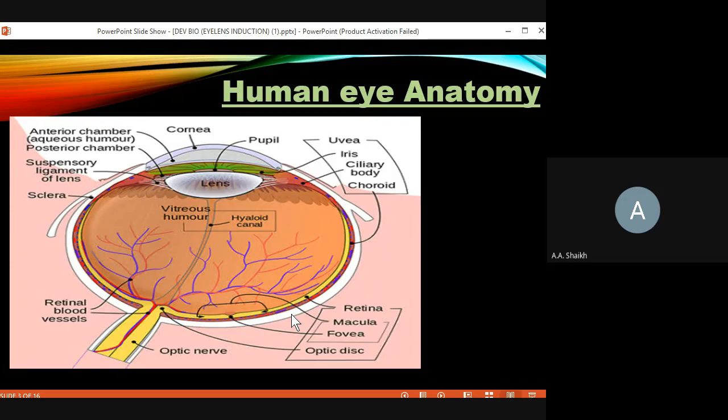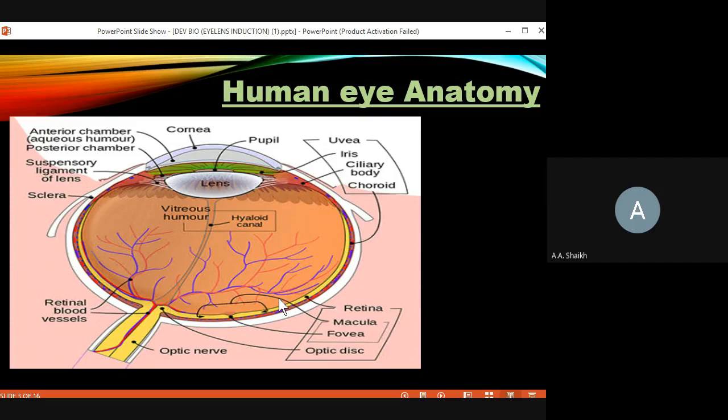And from now onwards, we will be focusing on how the lens induction, or the lens formation, will happen, and which will ultimately help this complete eye to visualize certain things and to complete the sensory process, as vision is a sensory thing.